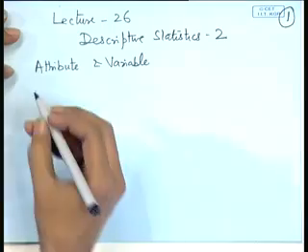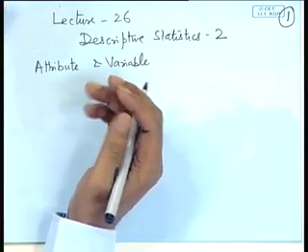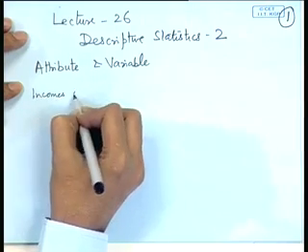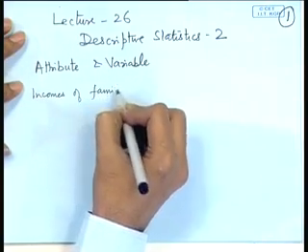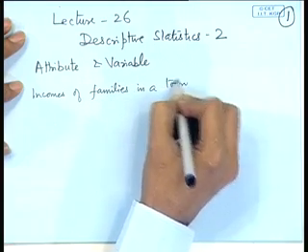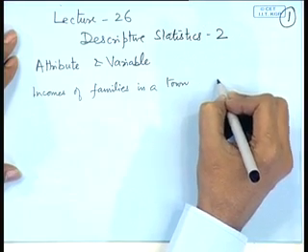The first thing that we observe is in what way the data may arise. The data may arise in one of two possible ways. One way could be that to start with the data is numerical. For example, if we are writing down, say, incomes of families in a town, then corresponding to each family you are writing down a certain numerical value.